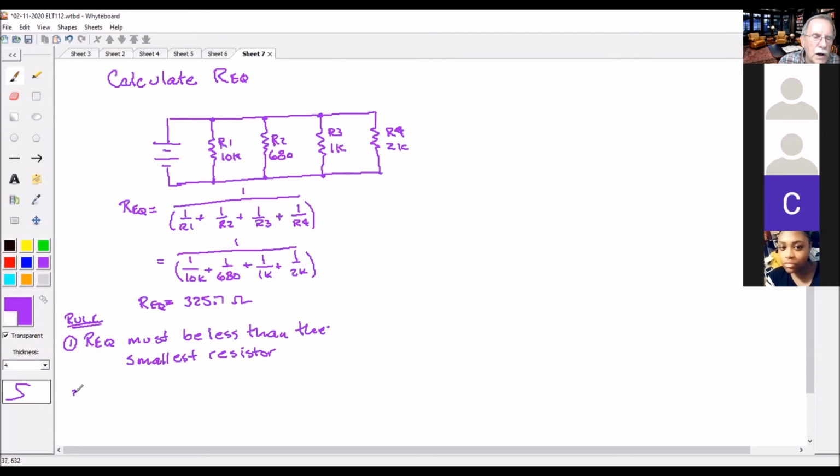The second thing, which is not as critical, is the range of REQ. We said it has to be less than R smallest, and it has to be greater than or equal to R smallest over N, where N is the number of resistors.